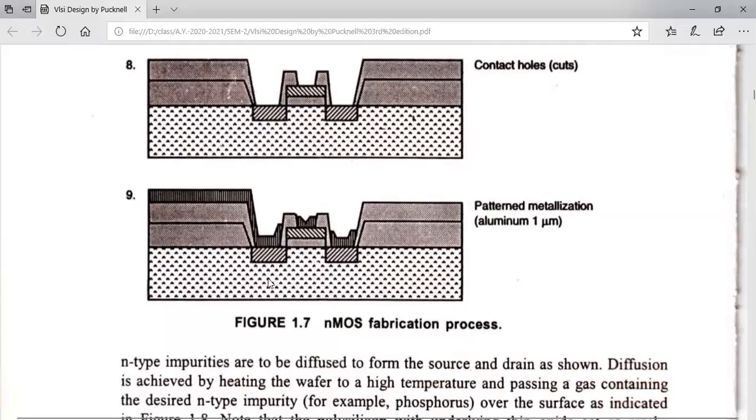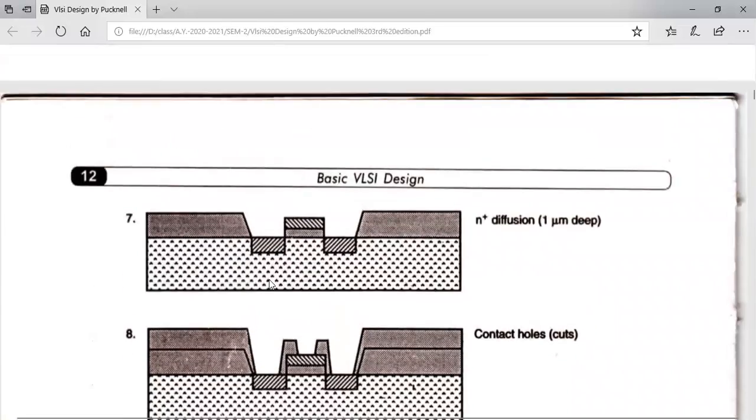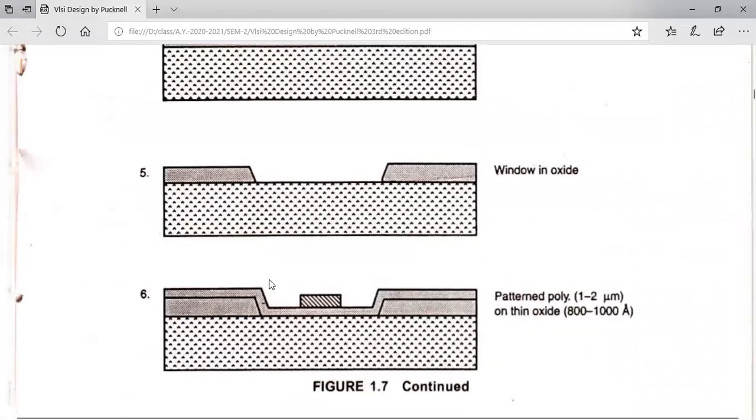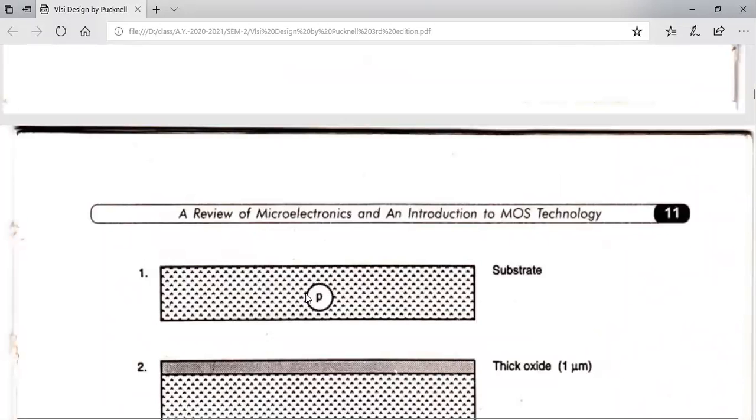Everything is the same, but there are only two steps we have to keep in mind. Previously the substrate was made, the substrate was of P type.